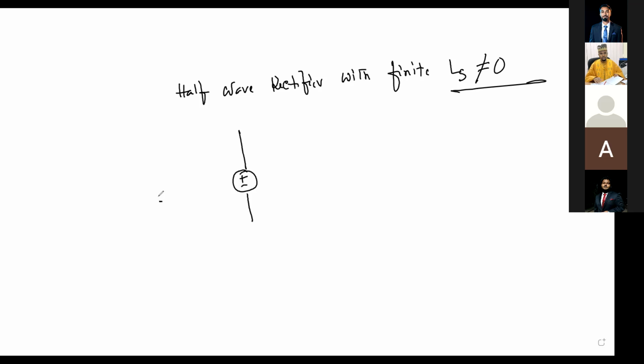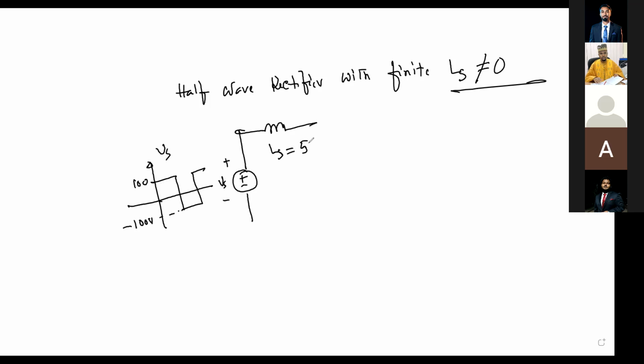Now this is not sinusoidal but rather a rectangular type. This is your Vs. This is 100 volt and this is minus 100 volt. Okay, and Ls equal to say 5 millihenry. Then this is your main diode D1 and this is your freewheeling diode D2.